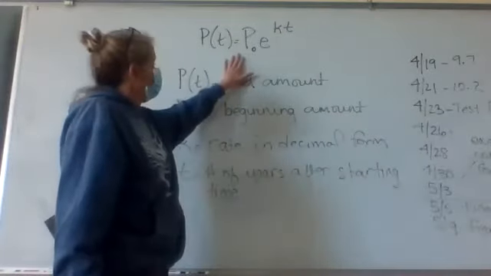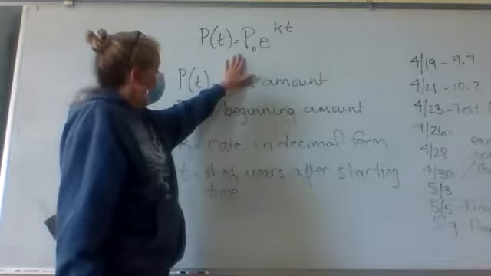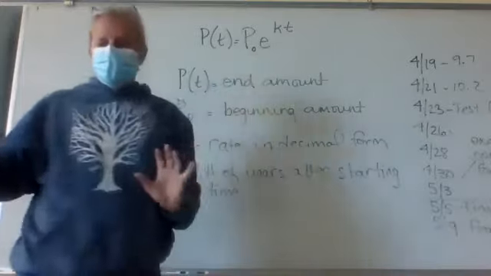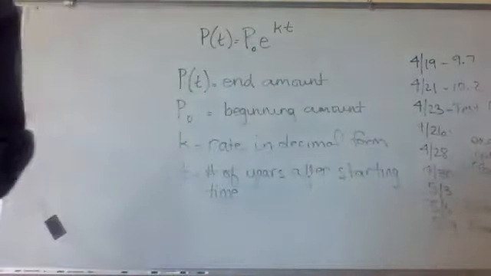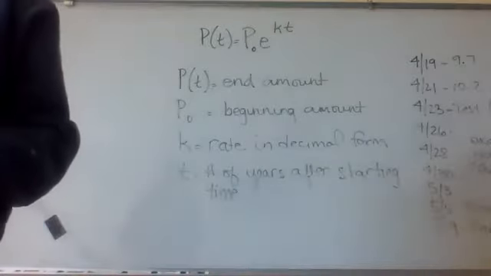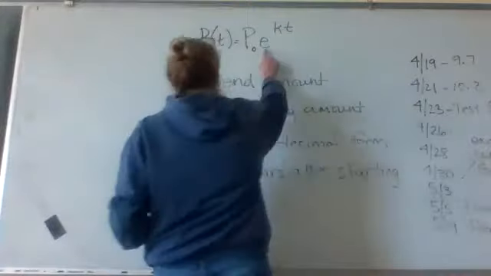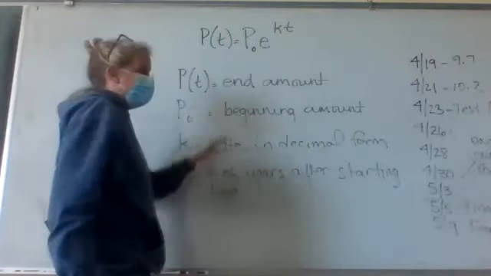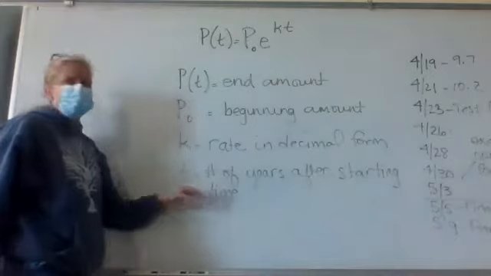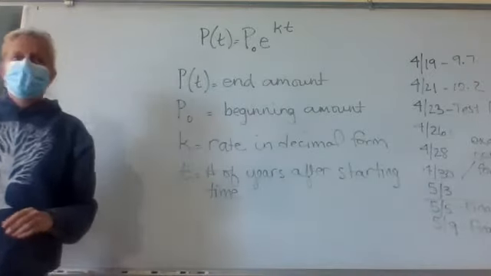It shows that if something is continuously growing or compounded continuously, that's when we use this E in our formula. Here is what the different parts of the formula stand for.